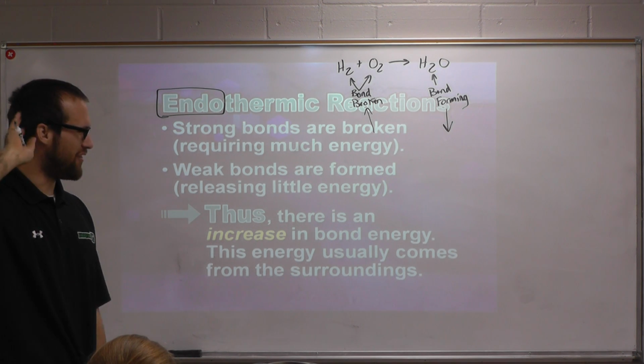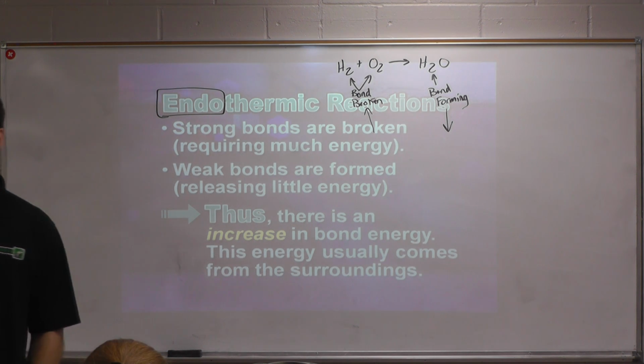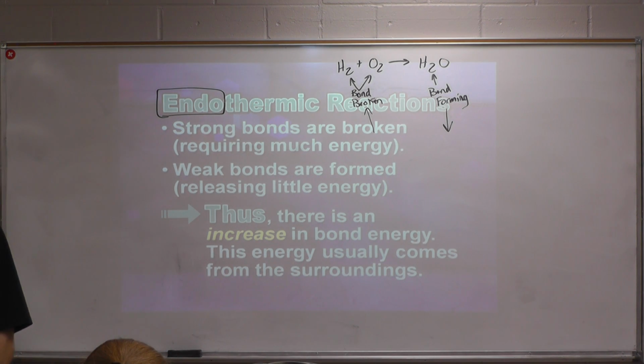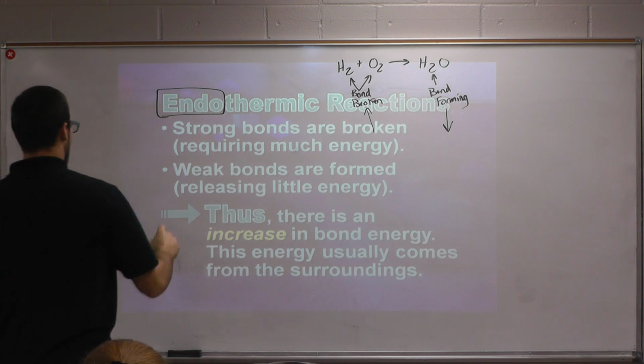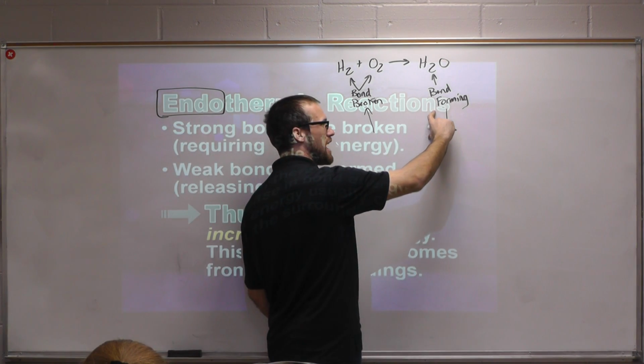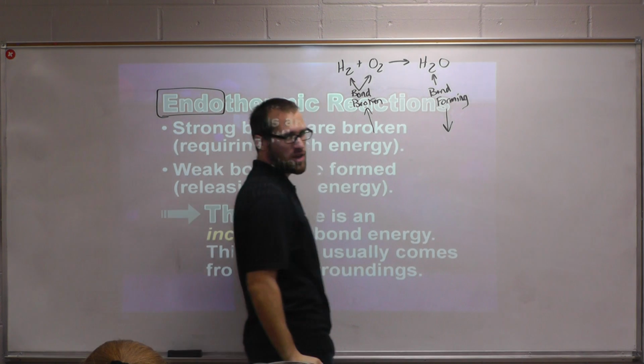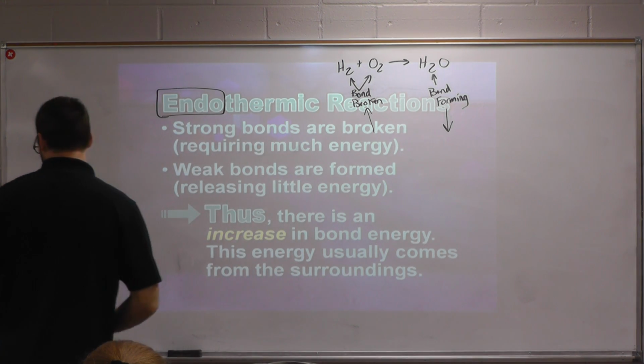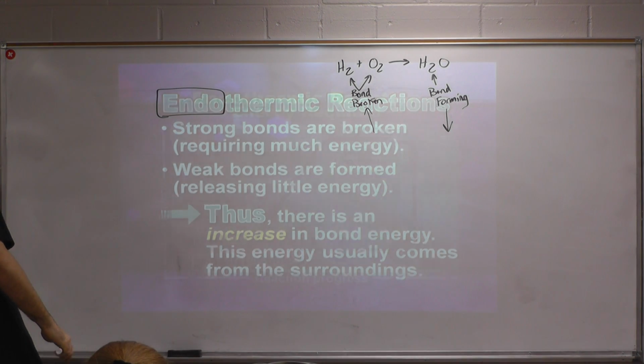Low. If you think about it conceptually, it should make sense, but right off the bat, if you don't think too deeply about it, you might mess that up. So, strong bonds take a lot of energy to break. Weak bonds do not give off a lot of energy, and that's why you have an endothermic reaction. And I'll summarize all this in a little bit.